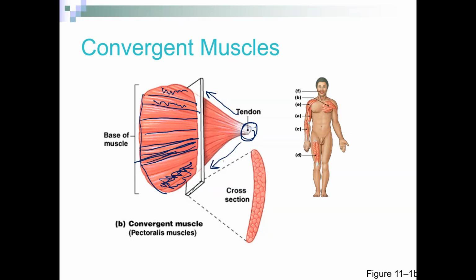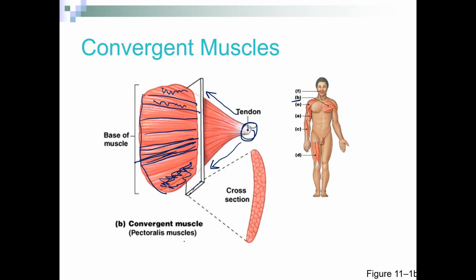Whereas with parallel muscles, all they can do is get shorter, and everybody's pulling in the same direction, so you only get one kind of movement, which is of course flexion. With a convergent muscle, different parts of the muscle can contract and give you different angles. It mentions here the pectoralis major, which is B here, is a convergent muscle.